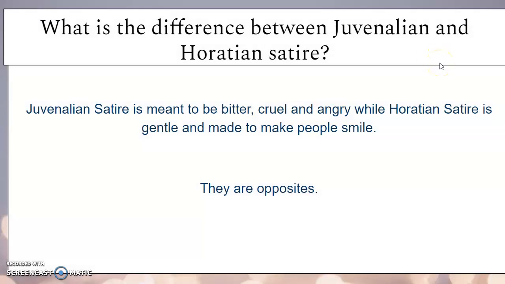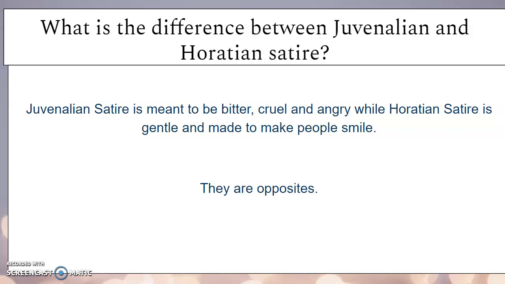First of all, starting off with Juvenalian and Horatian satire, you had this slide that asked you what the difference is between them. Well, they are opposites. Juvenalian satire is meant to be bitter, cruel, and angry, while Horatian satire is gentle and made to make people smile.